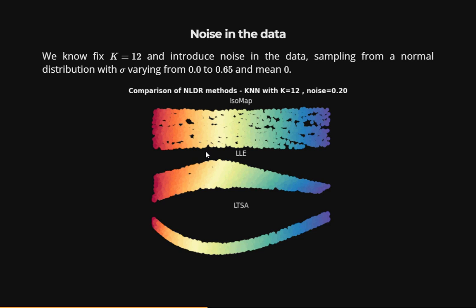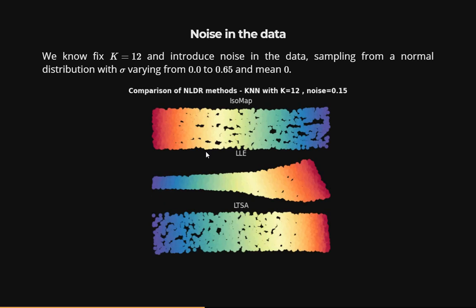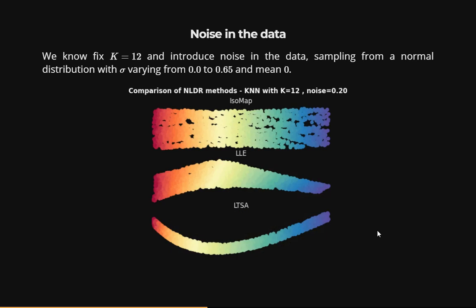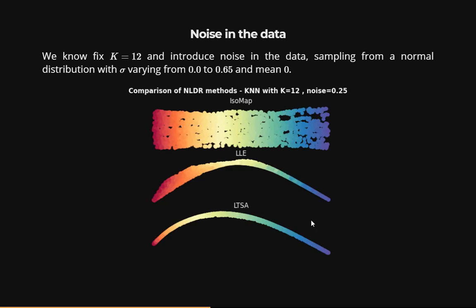Noise 0.05, 0.10. You see here, for example, that LTSA is passing from a two-dimensional representation to something which looks more one-dimensional. Not really, but now, yes, it definitely is one-dimensional. Also, LLE is almost one-dimensional with the right gradient again, but they lost the dimensionality of it.